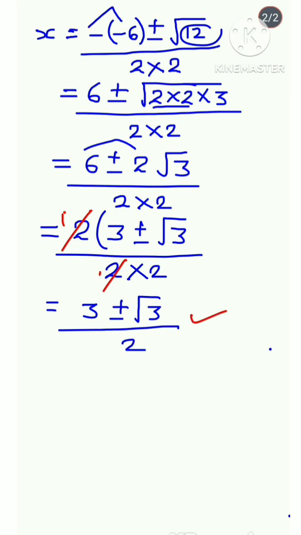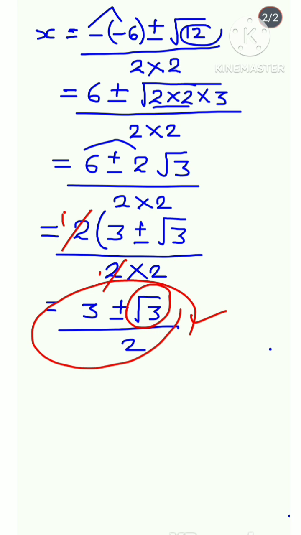And here, as we know, if there is a sign of root over any number, then that number possesses both signs plus and minus, right? It means this root over 3 possesses both signs plus and minus. So this expression can be written in two ways, by using the sign of addition and the sign of subtraction separately, right?